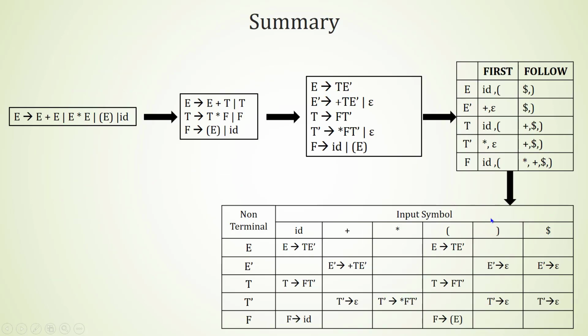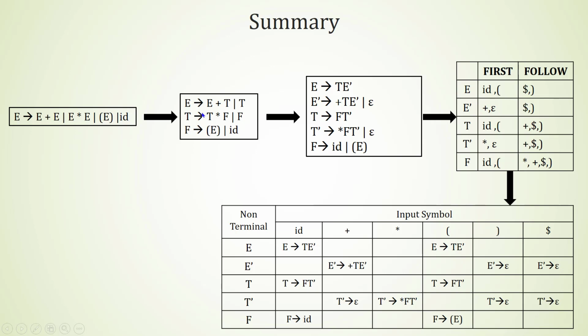So before moving to the working of the parser, I just want to give a brief summary of what we have studied earlier. We all started with this grammar. This is a context-free grammar. But if you remember the previous videos, it is an ambiguous grammar which doesn't consider associativity and precedence. So this grammar is converted to another format where associativity and precedence are considered.